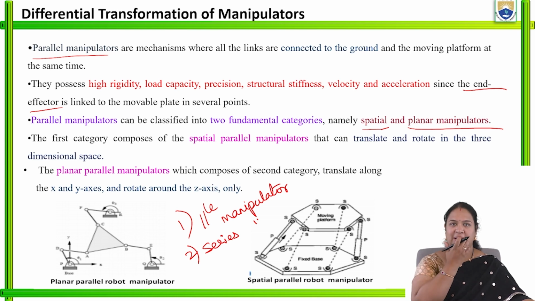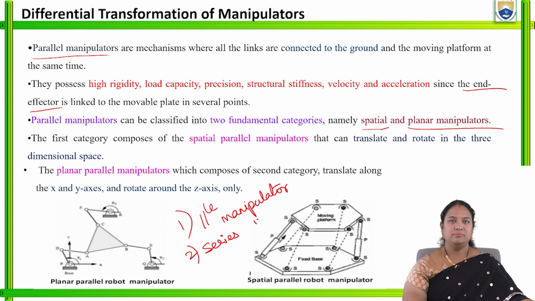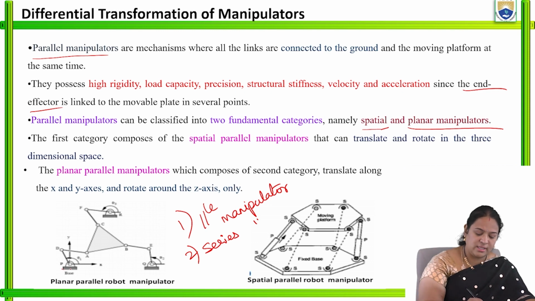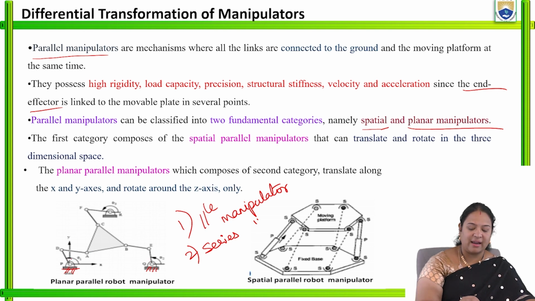So, what do we mean by planar parallel manipulator, and what do we mean by spatial parallel? In the planar manipulator, as you can see in the figure, the joints will be moving in the x and y direction, right? That is, the translation motion will be along the x and y directions, whereas the rotational motion will take place around the z axis, right?